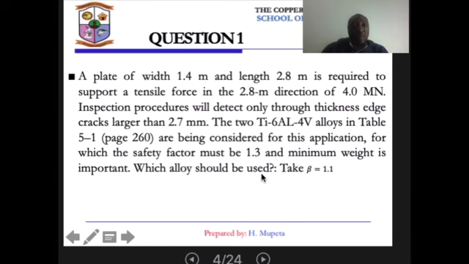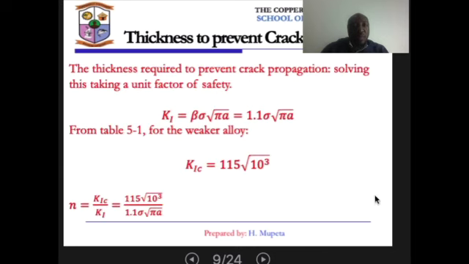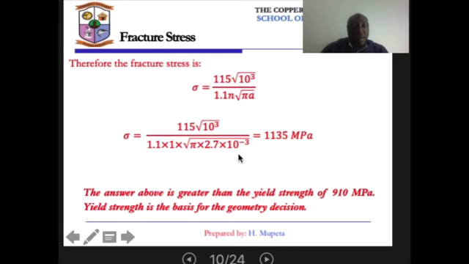So this 2.7 becomes our a in that formula, and we put that into our formula, and we are going to get the stress as 1135 megapascal.